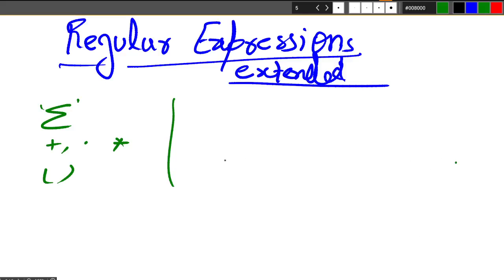So today in this video we are trying to understand regular expressions, which are used in our compilers. According to the book of Aho, there is a symbol called this one.